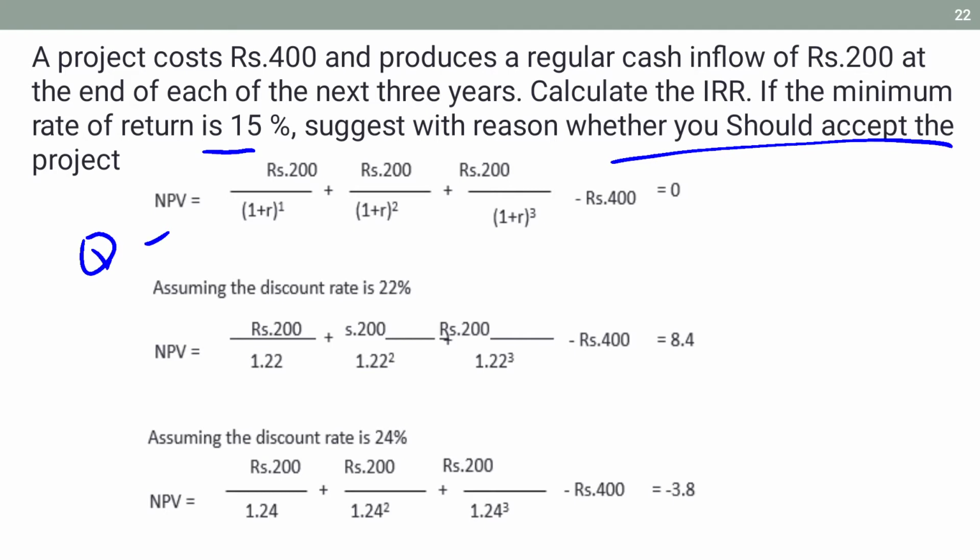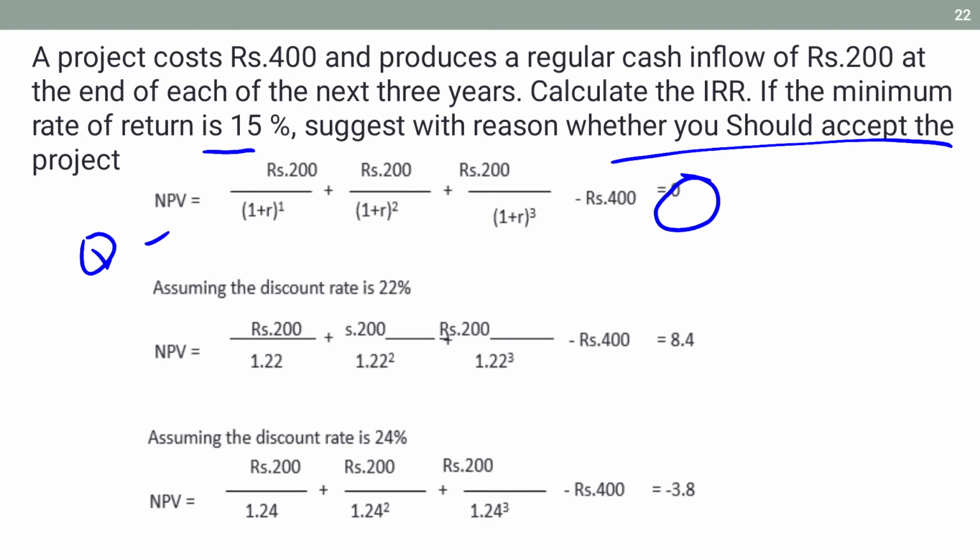If you adjust 200 million upon 1 plus R, because you don't know the value of R, which is equal to IRR, plus the second year 200 million upon (1 plus R) squared, plus third year also 200 million upon 1 plus R to the power of 3, minus initial cash outflow 400 million in this question, then the value should be equal to 0.